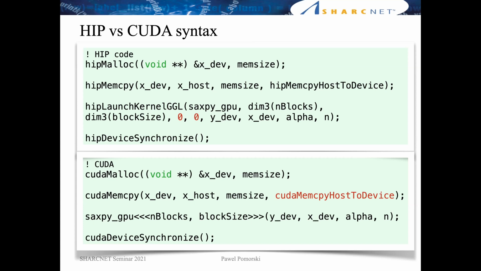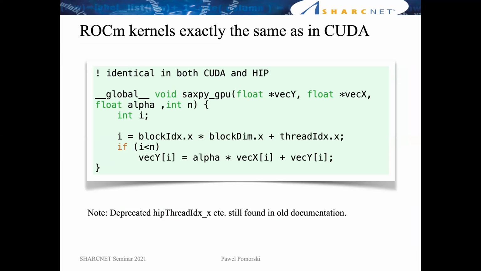So it almost seems that the main conversion is to get rid of any appearance of the word CUDA, because that's trademarked, and to replace it with HIP. But otherwise, the syntax is almost exactly the same. So you can see that HIP is almost like a macro conversion of CUDA. That's all it is. So the two codes are pretty much exactly the same. And within the kernels themselves, the kernels are exactly the same. No change whatsoever. So this makes it even easier.